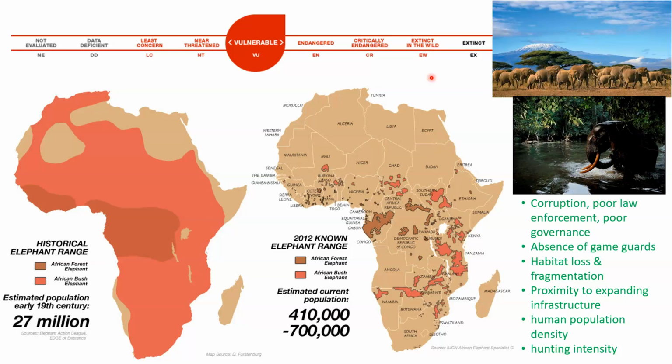In fact, the absence of game guards and game wardens is a major problem. You need that kind of physical protection for an animal that is actively subjected to hunting. Now, if you move to the southern African part, habitat loss and fragmentation is becoming a little more prominent. Even in Eastern Africa, particularly Kenya and Tanzania, with a lot of development and highway construction going on, there's a threat to fragment those once extensive large grasslands, the Serengeti Plain for example.